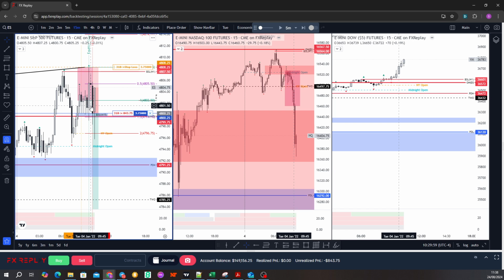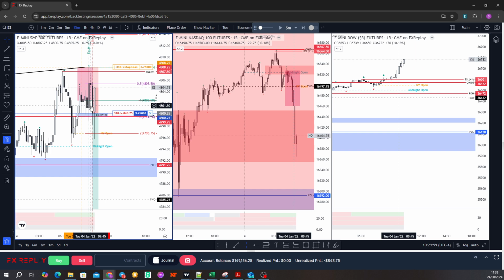So if price doesn't violate the M15 fair value gap on the M15 TF prior to trade, it's down sidelines.